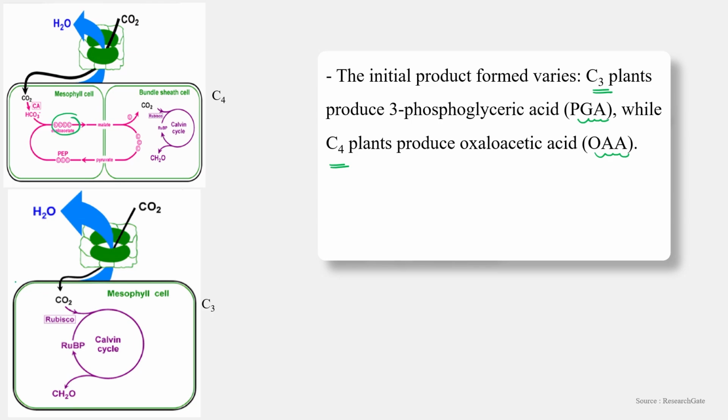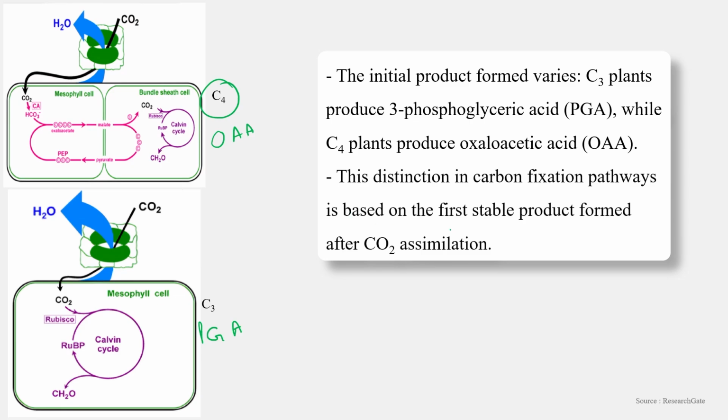Clear? So in C3 the first product is 3-PGA, phosphoglyceric acid, while in C4 the first product is oxaloacetic acid. This distinction in carbon fixation pathway is based on the first stable product formed after carbon dioxide assimilation.